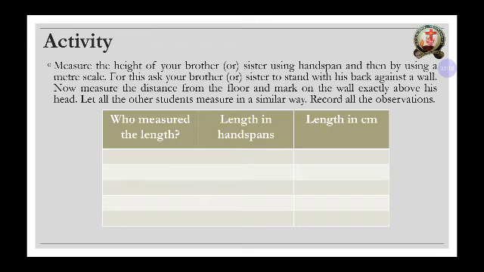See how much the difference is. This way you can easily determine the variation in the measurements of your hand span and your friend's hand span, as well as the variation in the meter scale.